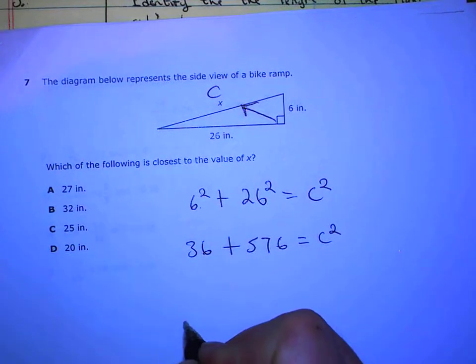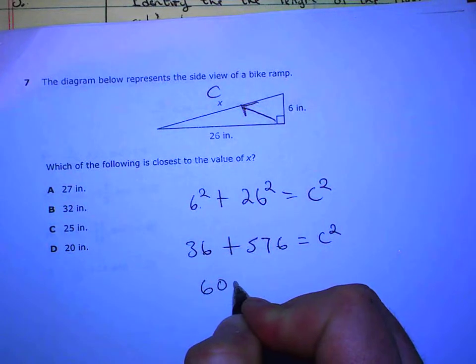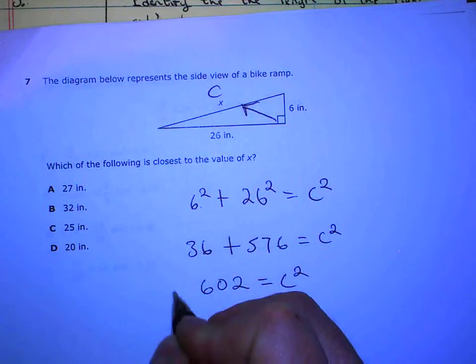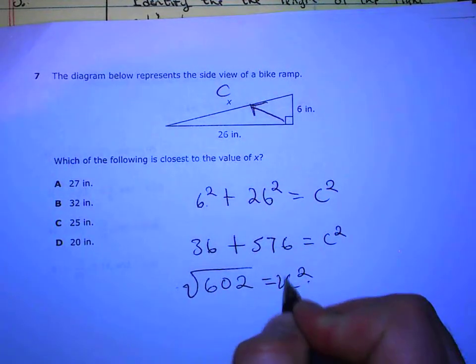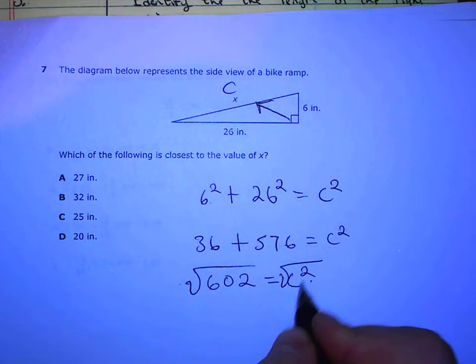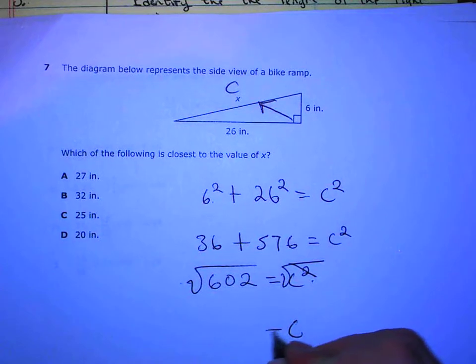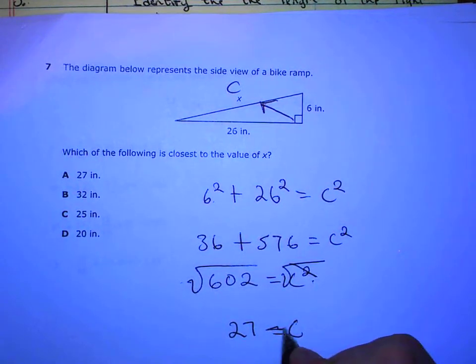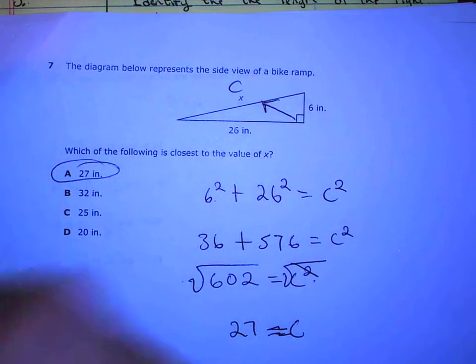Add these two numbers together. I'm going to get 602 equals c squared. Now, in order to get rid of the c squared, we've done this before. Take the square root of both sides. And we're going to get close to, but not exactly, 27. Okay? Answer choice A.